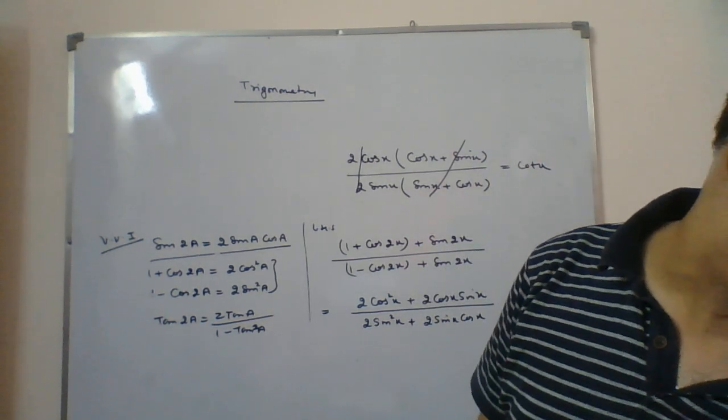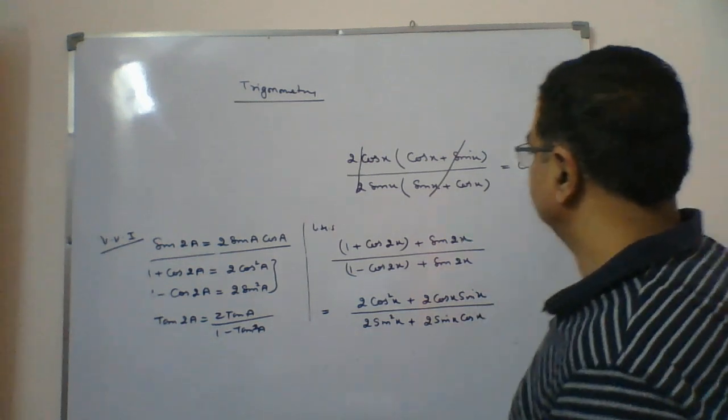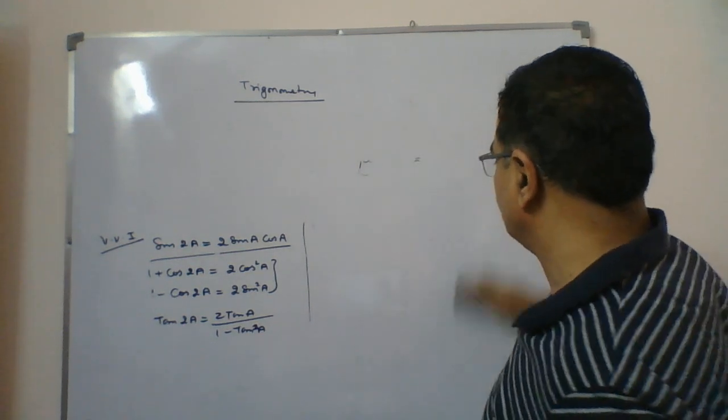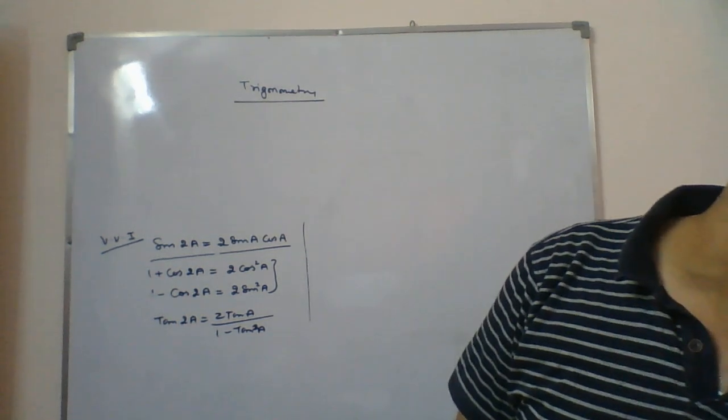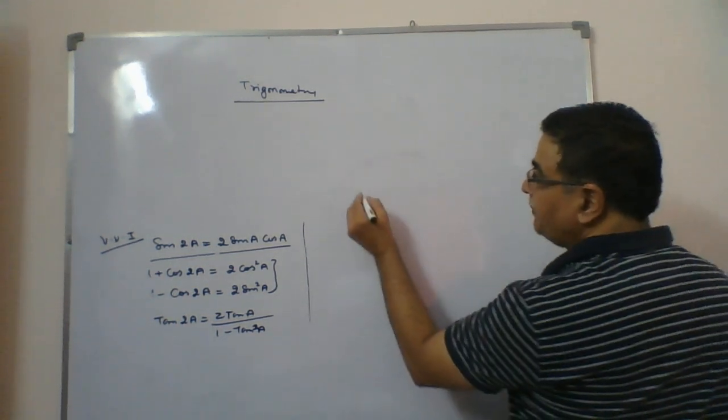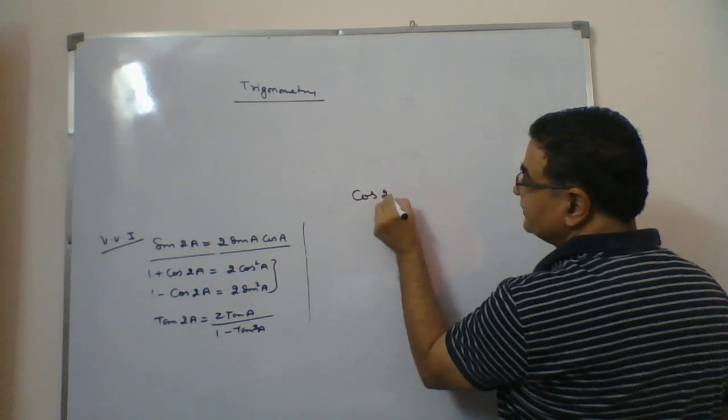Now coming to the next question, please. This is a slightly different question. In this question we have cos 2x by 1 plus sin 2x.